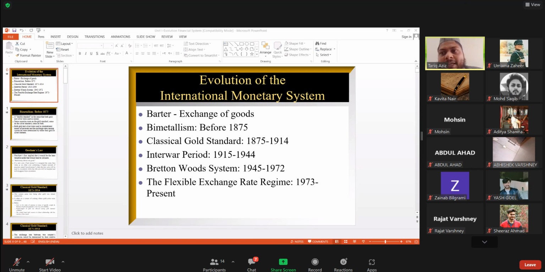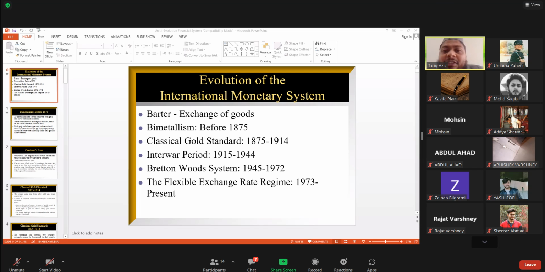International trade used to happen in terms of gold coins, and the quality of the gold, the weightage of the gold coin, all this was standardized in different countries.